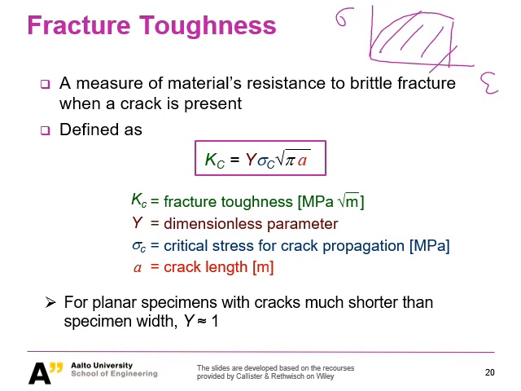And how is this defined? It is defined first as KC, so C means critical again, and it is an equation of Y, sigma C, times square root of pi a. So first, what is Y? Y is a dimensionless parameter.